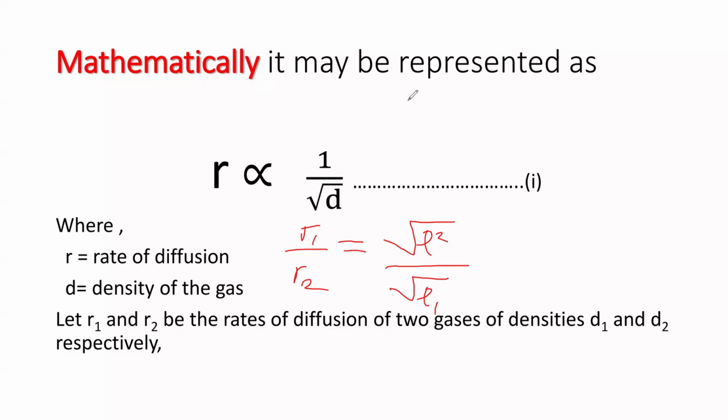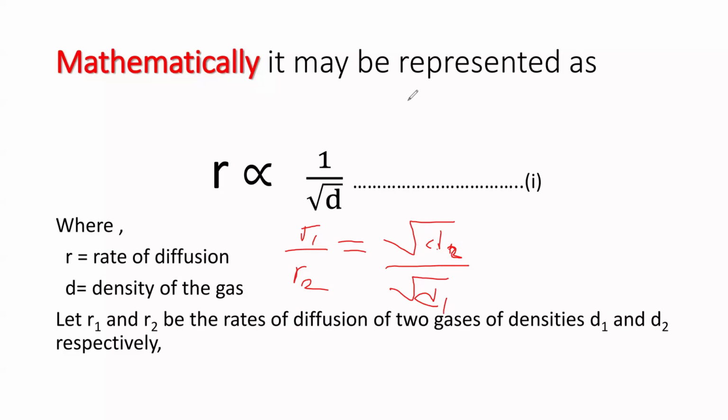So we are now going to use small letter d2 as density 2 and d1 as density 1.